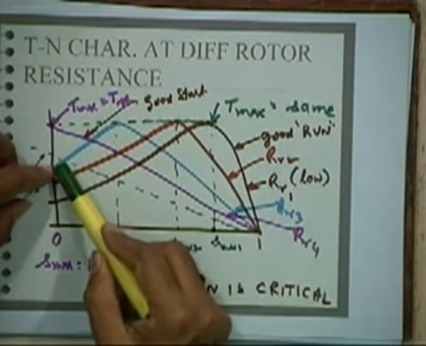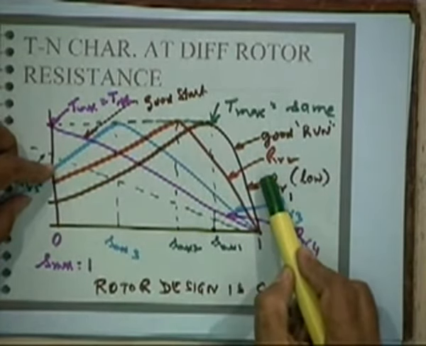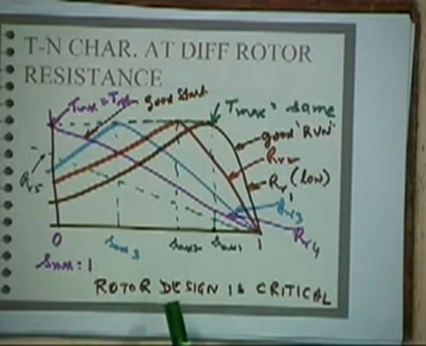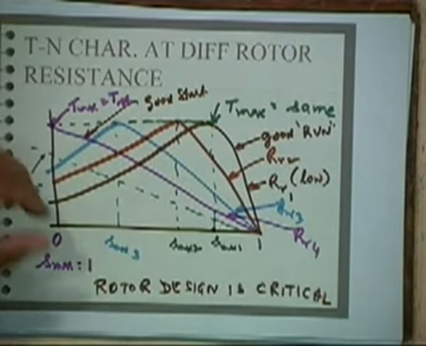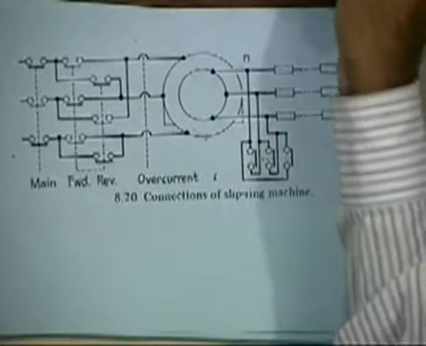So you change from one characteristic to another throughout the starting process. This is rotor resistance starting for slip ring machines, one of the methods used.